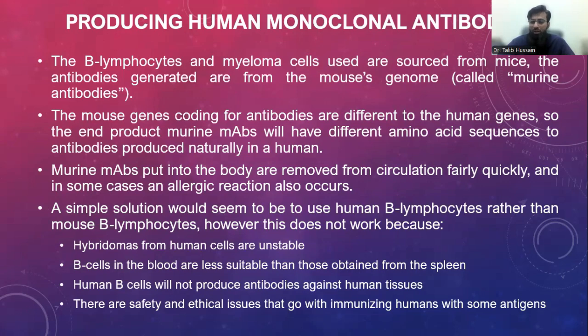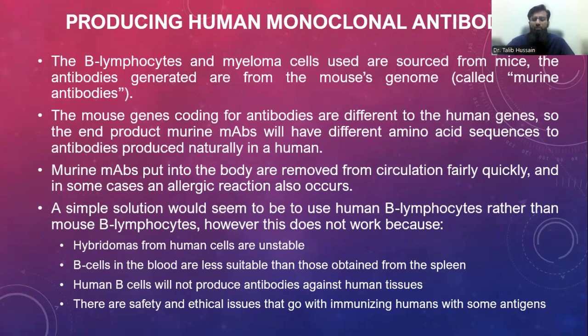So the end product, murine monoclonal antibodies, having a different amino acid sequence, cannot be administered to humans because they can be allergic to the human, because a sensitivity response can initiate if we are adding genetic makeup which is different to the human. Humans will produce antibodies against that monoclonal antibody.